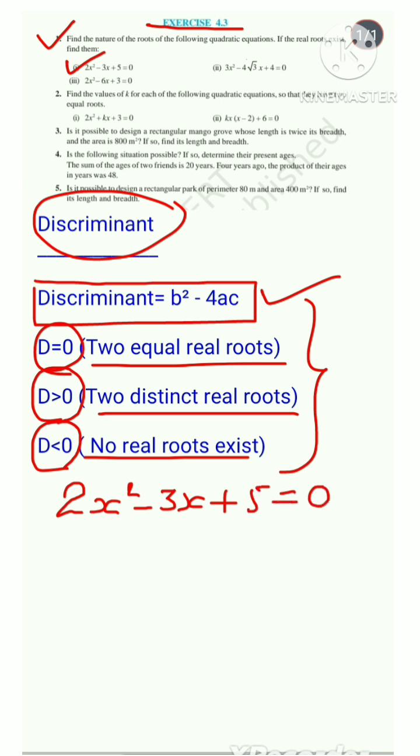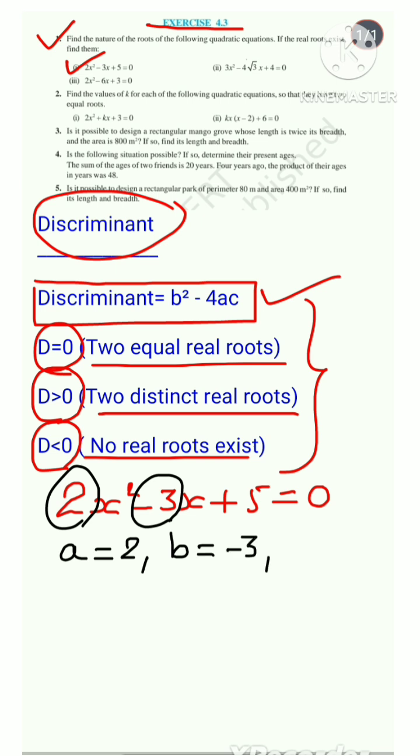In this equation, a equal to the coefficient of x square, that is 2. Similarly, b equal to the coefficient of x, that is minus 3. Similarly, c equal to the constant part, that is 5.